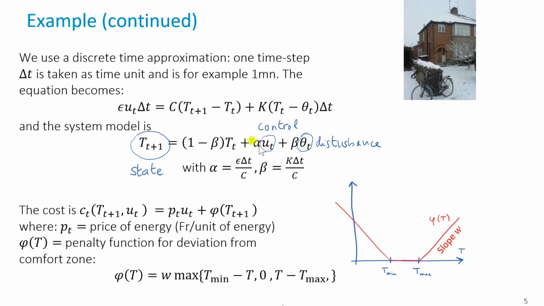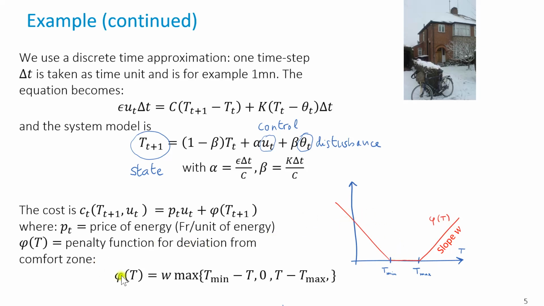Very often when we do model predictive control, or control in general, having hard constraints makes the job more difficult. So very often we put soft constraints. For things like temperature, we will tend to put a soft constraint in the sense that we have a temperature deadband, T min, T max. We put a penalty term that in this very simplified form is equal to 0 when we're in the comfort zone, and increases linearly with a given slope when we are outside of the comfort zone.